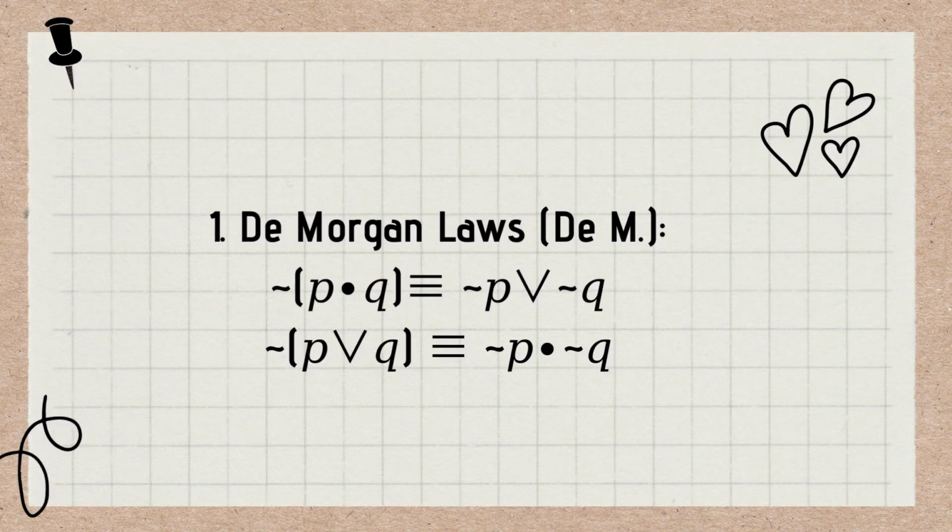The first rule is De Morgan's law, shortly written as DM.